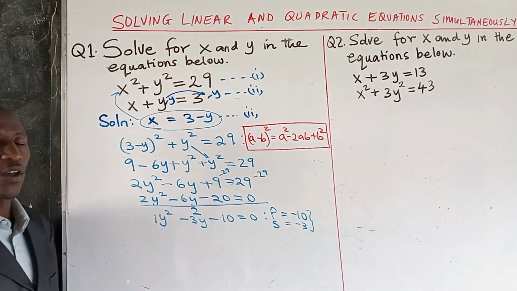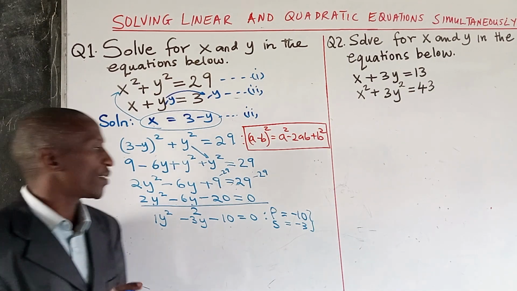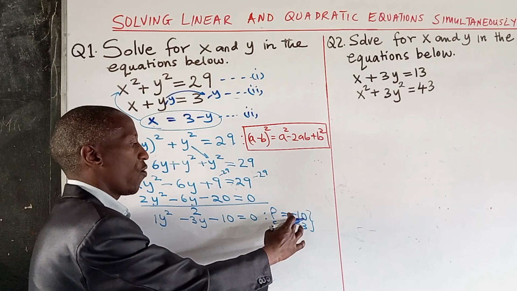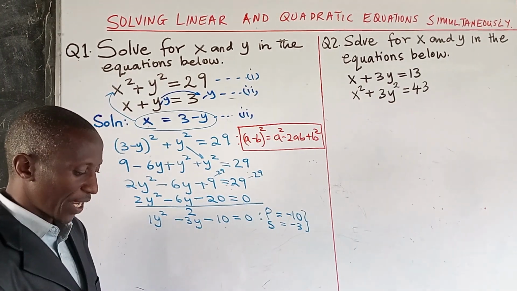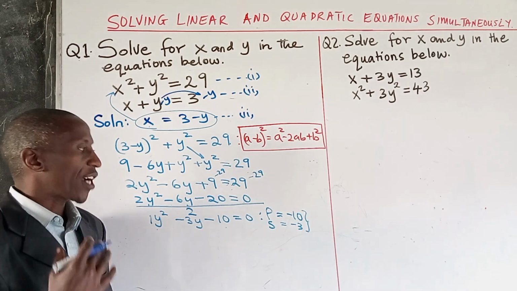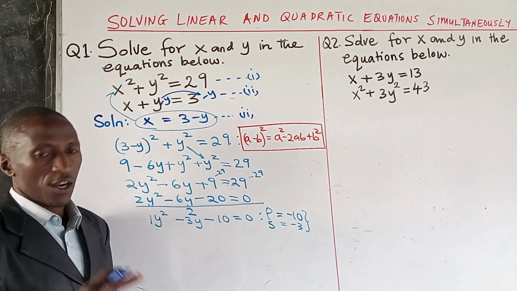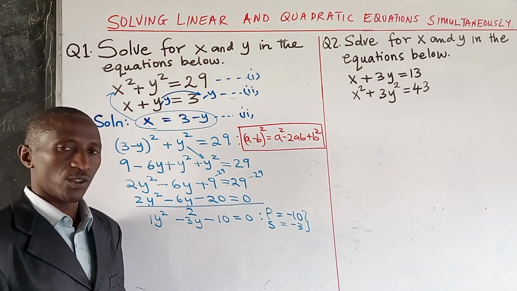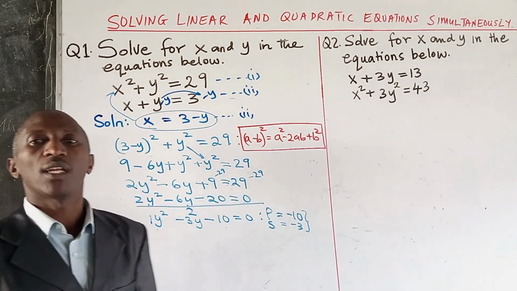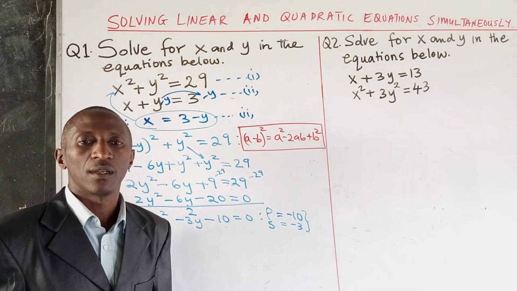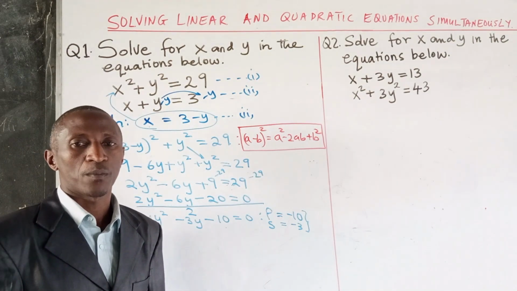We'll look for that pair of numbers. What pair of numbers can give us a product of negative 10 and a sum of negative 3? Work through it, it takes 1 minute. You can pause the video and look for these numbers before I give you the solution, because I would like to have a very interactive kind of session.